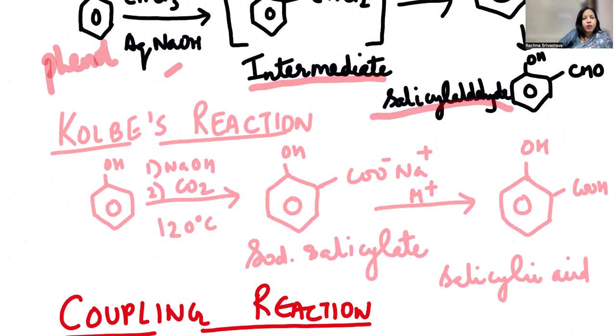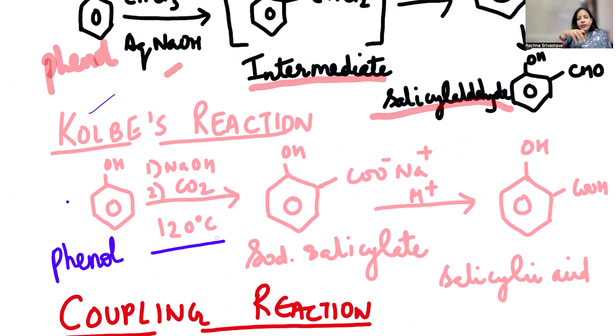Now this is your Kolbe's reaction. In this Kolbe's reaction, again we are using phenol. Here, please write phenol. This phenol is treated with NaOH, then treated with carbon dioxide, and the temperature is 120 degrees centigrade.